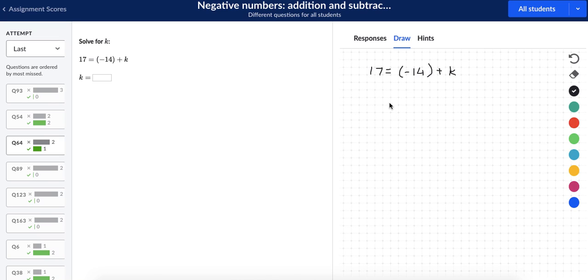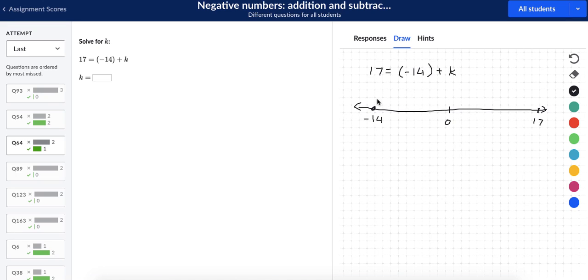Now there's a few different ways we can think of this, but essentially, if you're thinking of this in the simplest possible way, you are looking for the number 17 and you're starting at negative 14. If you drew a number line, you're starting down at negative 14. You've got 0 somewhere here, and you are trying to get to 17.